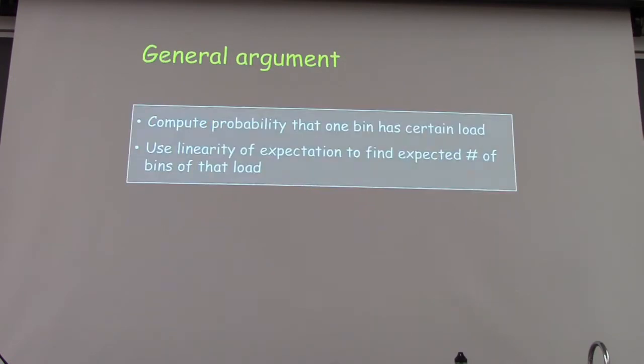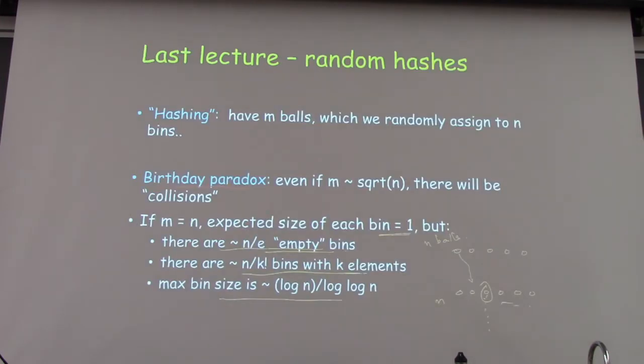I won't go into that, but in general our argument was the following. We saw this powerful notion called linearity of expectation, and we used this multiple times to deduce all these problems. Let's take one of these examples, the empty bins.